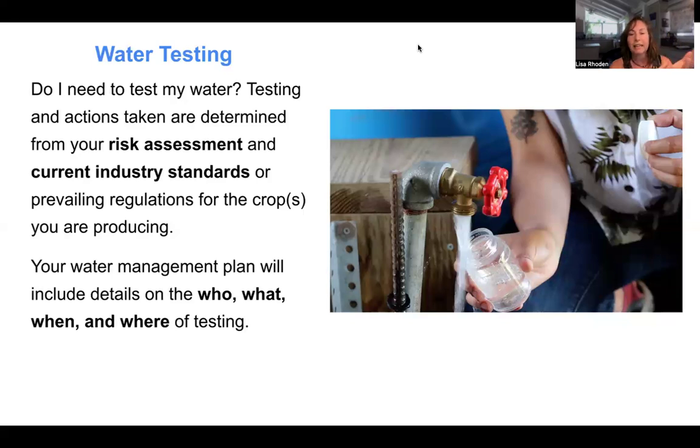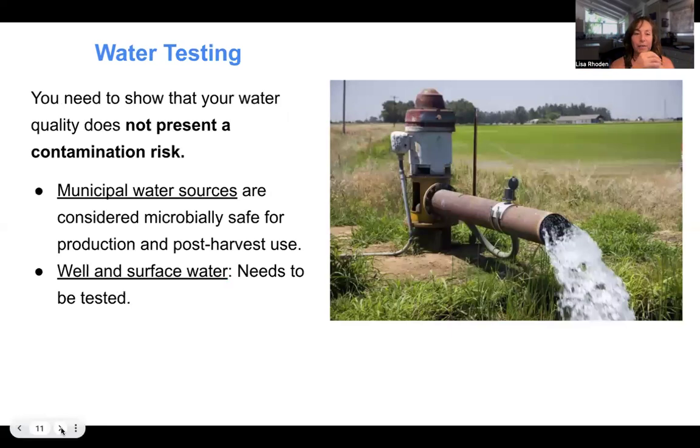And so in that case, we're going to need to know what is the source, and we're going to talk about how often you're going to need to test that, what that baseline and acceptable standard might be. And this is where there's still some information flowing from not only USDA, but also FDA on what the requirements are around water quality.